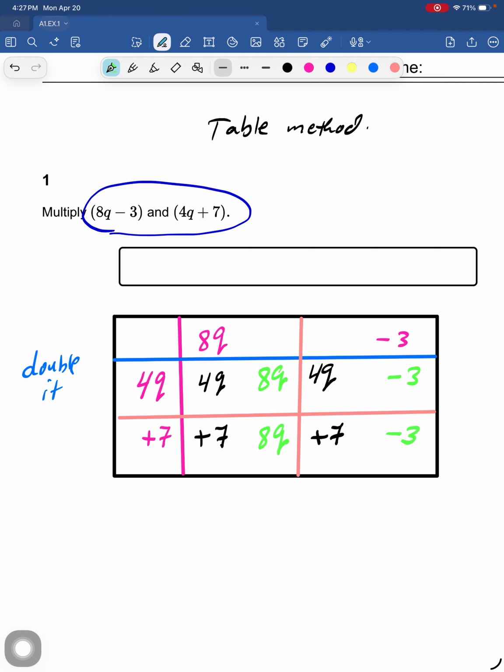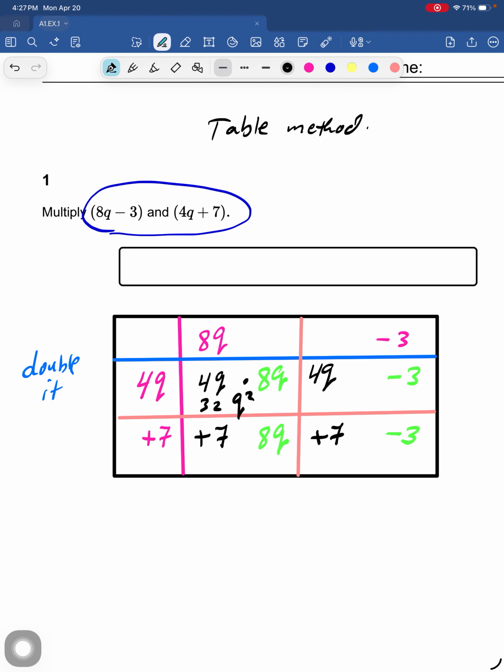The next step is doing the multiplication, the calculation, which is now 4 times 8, which is 32, and then q multiplied by q, which is q to the power 2.